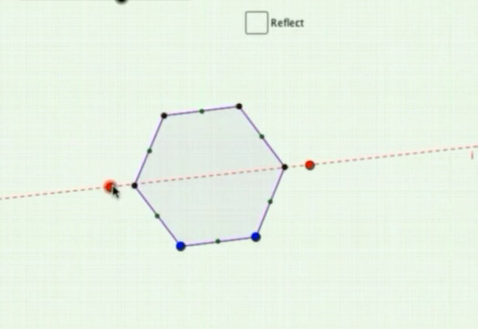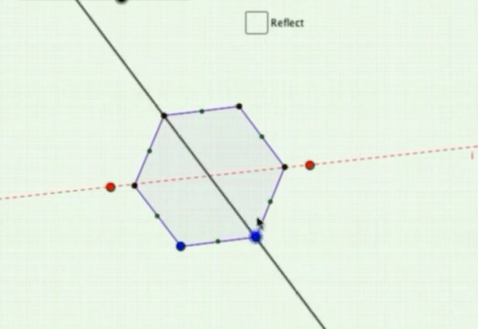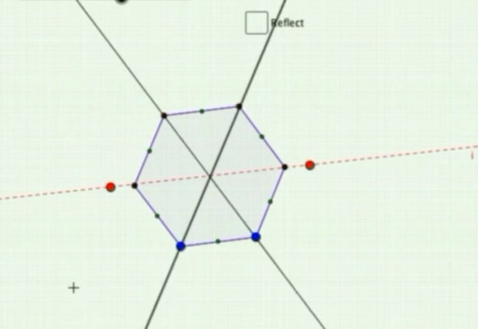And we have many ways of doing that, right? Because I can also go from this vertex to this vertex, and from this vertex to this vertex. So those are 3 lines of symmetry on the hexagon right there. 1, 2, 3. We can't count these over here because they're part of the same line, right? So we have 1 line, 2 lines, and 3 lines of symmetry.